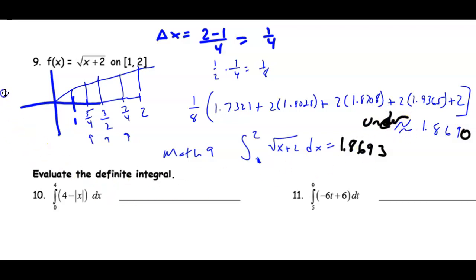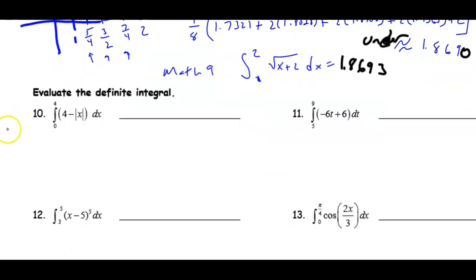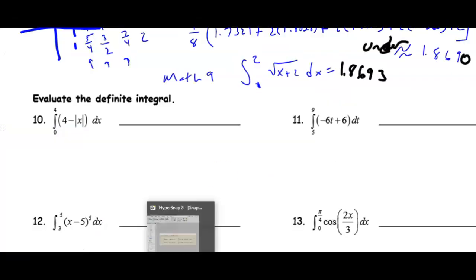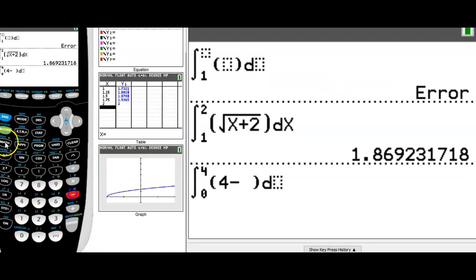All right, so here, evaluate each definite integral. Again, this is calculator work right here, so I'm actually going to punch these in, and let me make sure you pay attention to how I put this absolute value into my calculator. X right there. And then we're going to evaluate that with respect to x of dx.